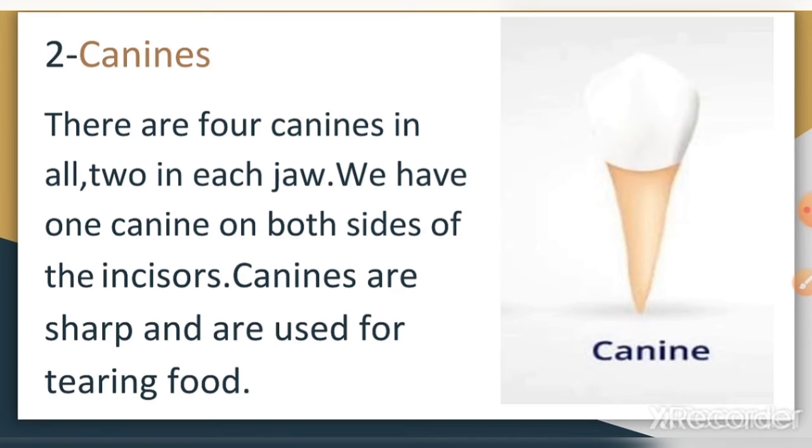The upper canines grow in first, followed by the lower canines. Lower adult canines emerge in the opposite way. First, the lower canines poke through the gums around the age of 9. Then the upper canines come in at the age of 11 or 12.